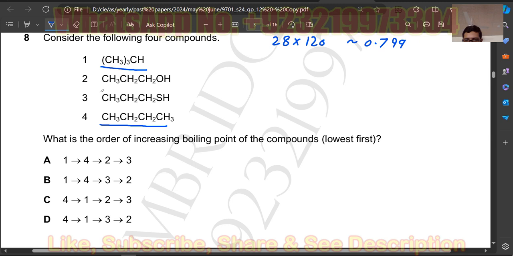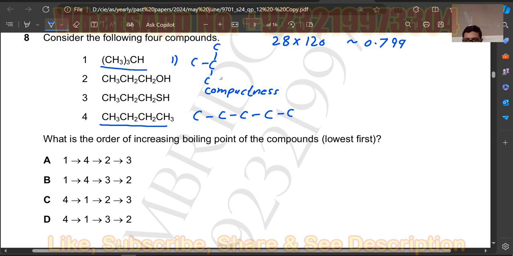Within these two hydrocarbons, we need to find which one has the lowest. Basically, if you recall the knowledge of hydrocarbons, those compounds which show compactness have a more ordered fashion of showing intermolecular forces or van der Waals forces between them, whereas those which have more branching, let's suppose this first molecule has a branching in it.